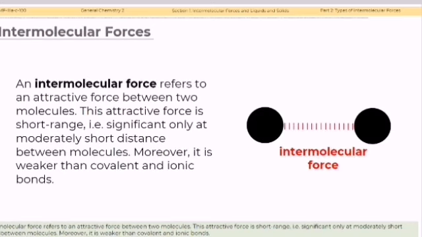An intermolecular force refers to an attractive force between two molecules. This attractive force is short range, for example, significant only at moderately short distance between molecules. Moreover, it is weaker than covalent and ionic bonds.